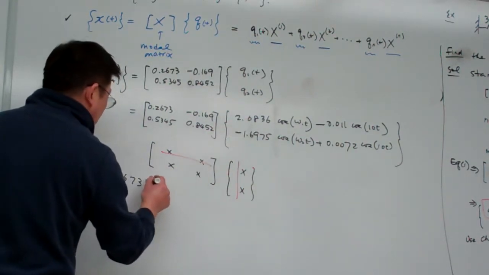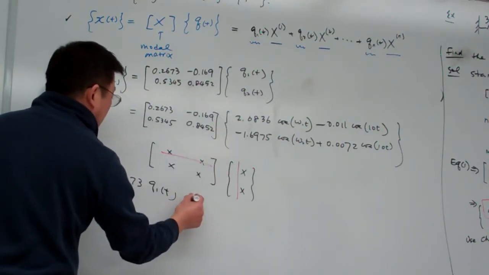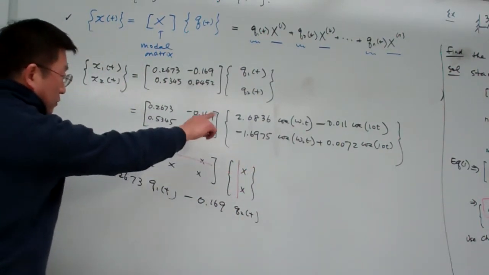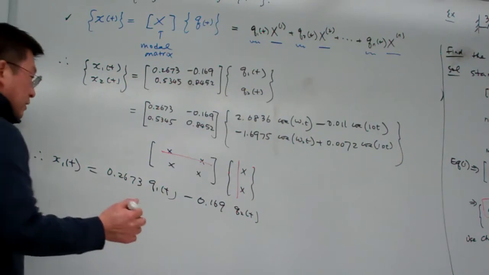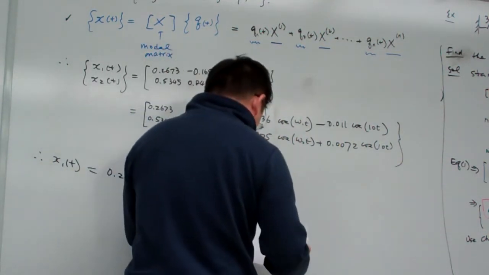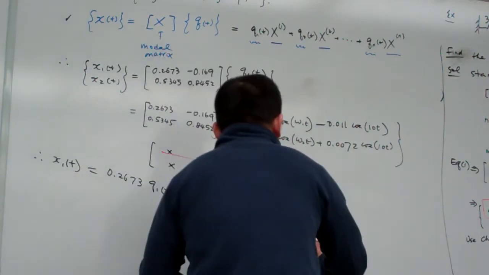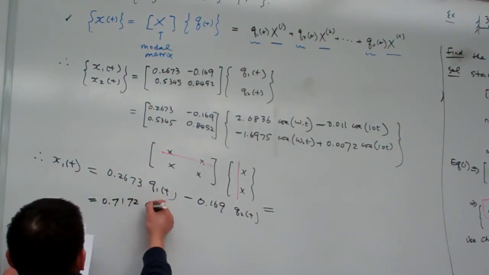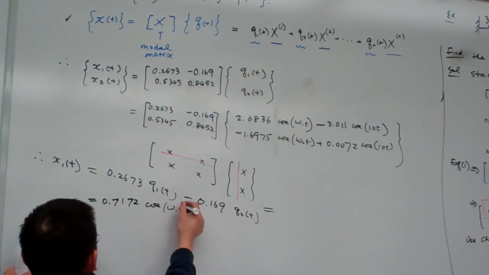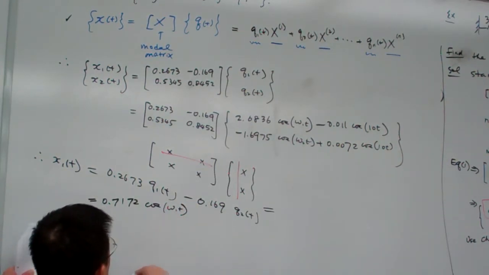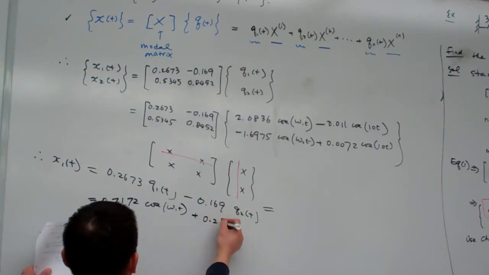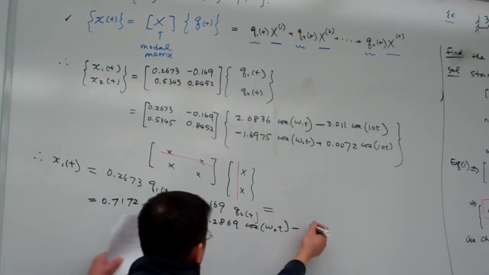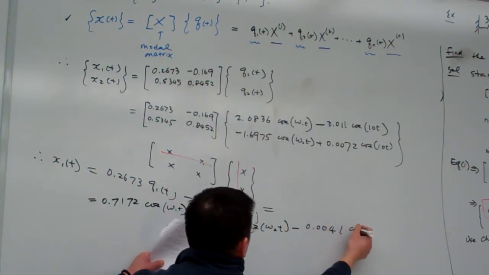0.2673 multiplied with Q1(t), minus 0.169 times Q2(t). And what is Q1, Q2? You simply plug in that information carefully. Basically the result should be a combination. Let me write it up here. So that one will be like this: 0.7172 cosine omega 1 t, plus 0.0869 cosine omega 2 t, minus 0.0041 cosine 10t.